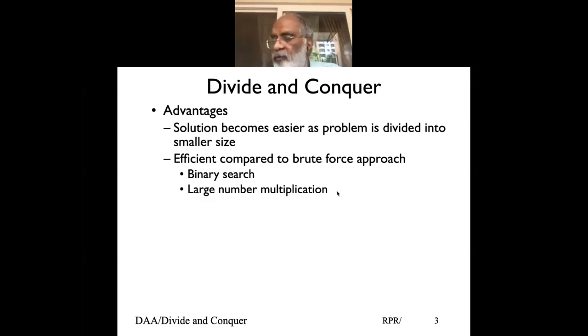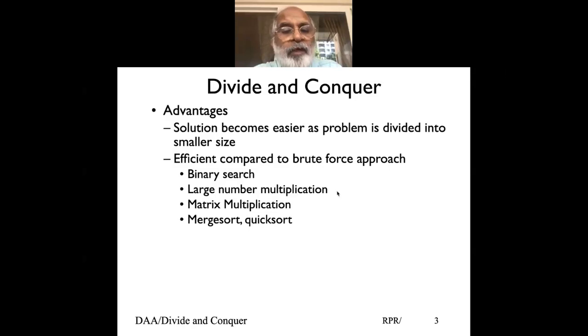In the same way, we looked at Strassen's matrix multiplication, where we split an n by n matrix into n by 2 blocks, and the benefit is that rather than doing 8 multiplications, we end up doing 7 multiplications. So our order of time complexity reduces, and that's the advantage the divide and conquer approach gives us.